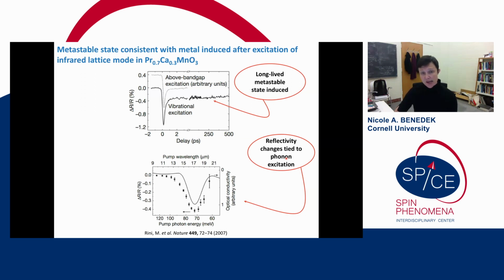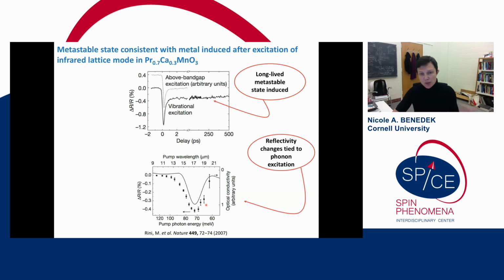And this metallic state persists for quite some time after the initial light pulse. And by varying the wavelength of that incoming light pulse, they see that the maximum change in conductivity occurs at the energy of that 71 meV phonon mode. Okay, so the interpretation of what's going on here is that the lattice is playing a dominant role in this transition because electronic excitations are gapped at these frequencies.